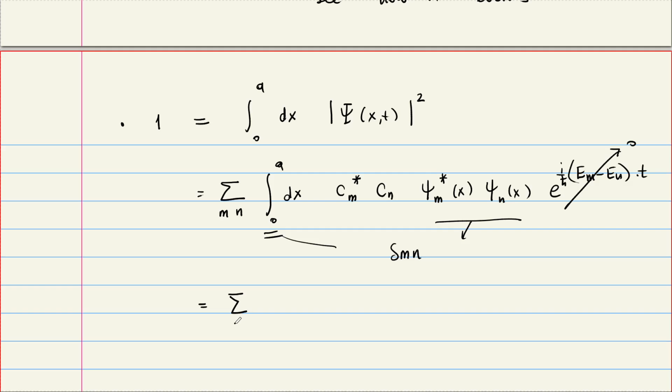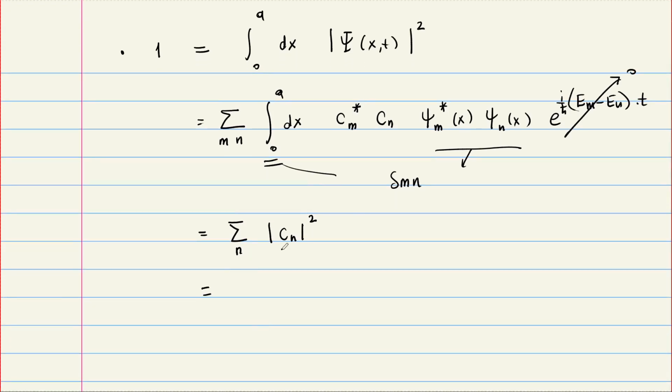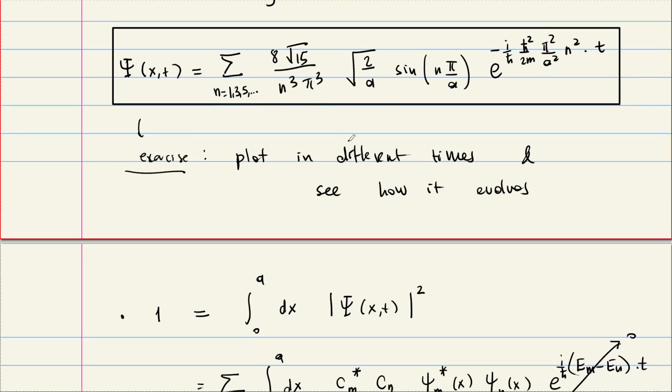At the end, what we have is the sum over n of Cn squared. Good. Any questions? And we have Cn's. Let's calculate. So Cn's were for n equal to 1, 3, 5, dot, dot, dot. And it's here.